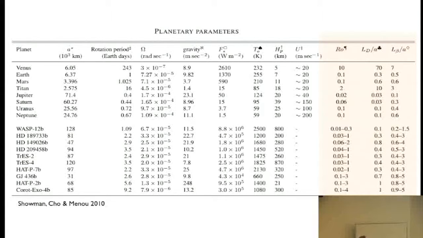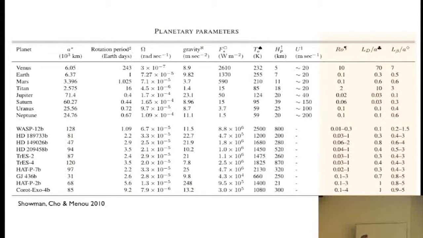So then looking at those numbers that I just mentioned, the Rossby number, the Rossby deformation radius divided by the planetary radius. A here is actually not the semi-major axis. Astronomers tend to use A for that. It's actually the planetary radius. And then the Rhines scale divided by the planetary radius.